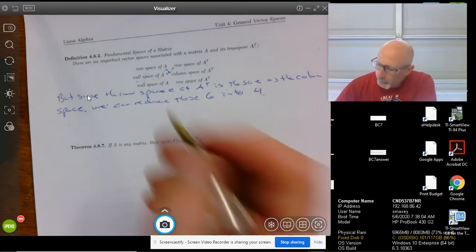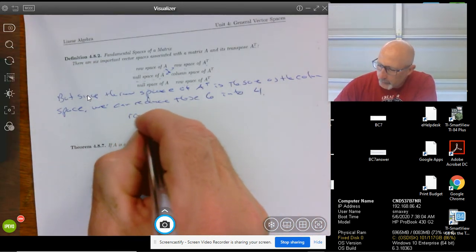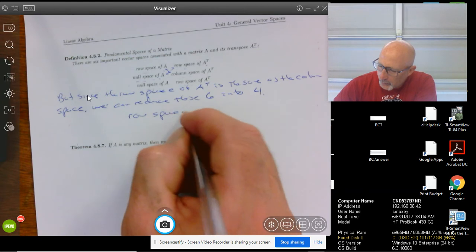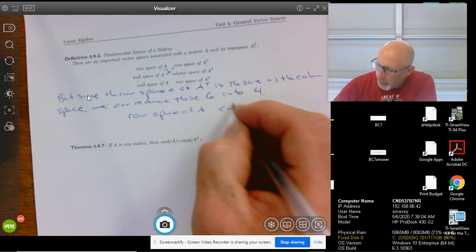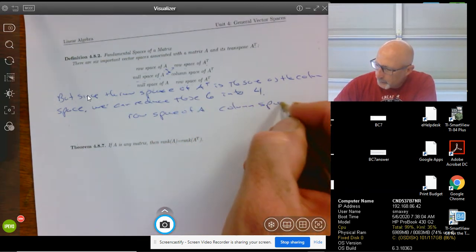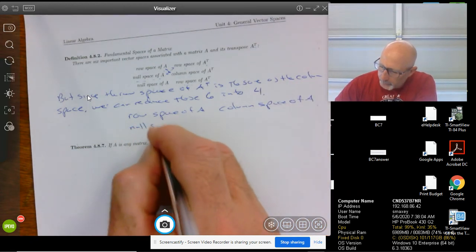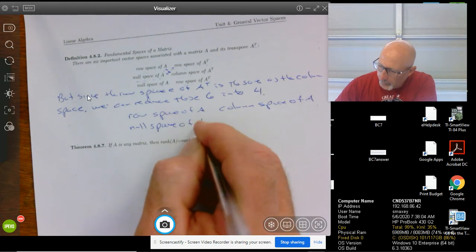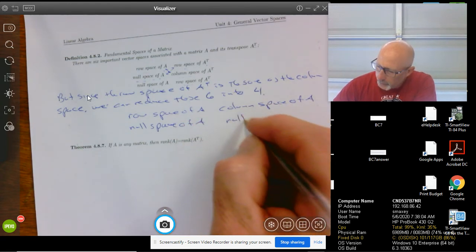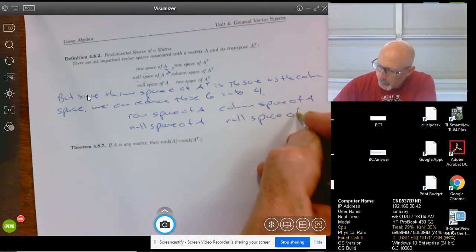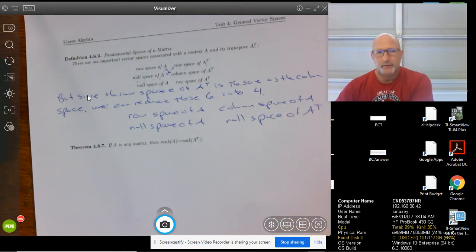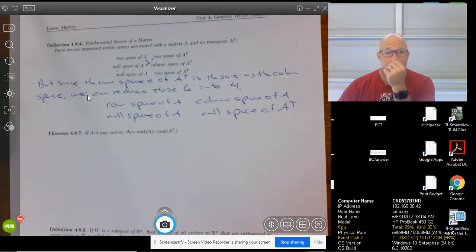So really all I'm concerned with now is the row space of A, the column space of A, the null space of A, and the null space of A transpose. Those are the things I'm really worried about.